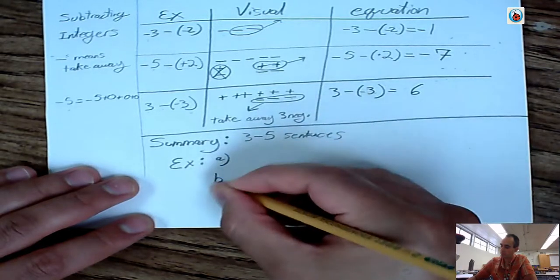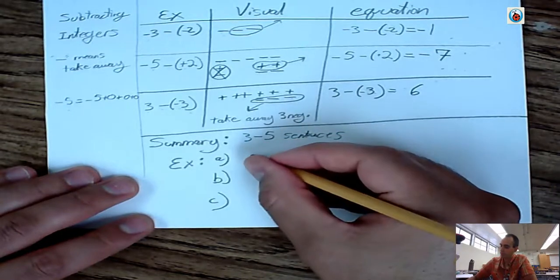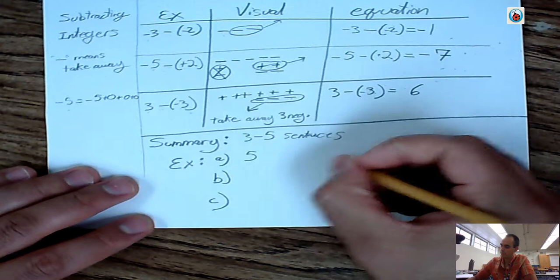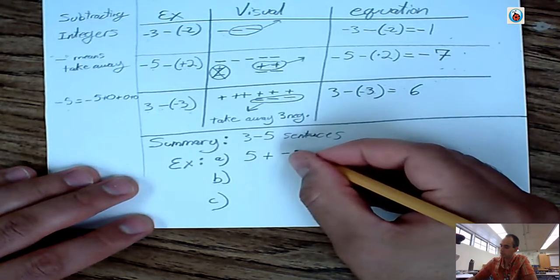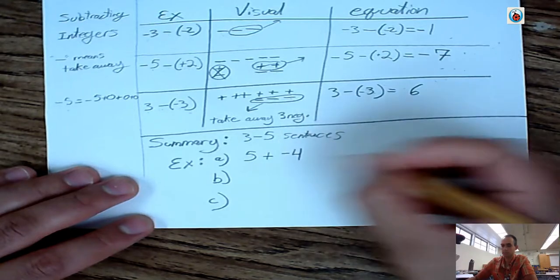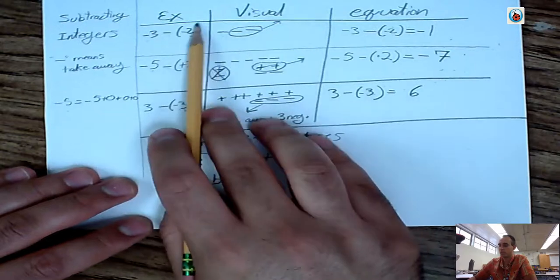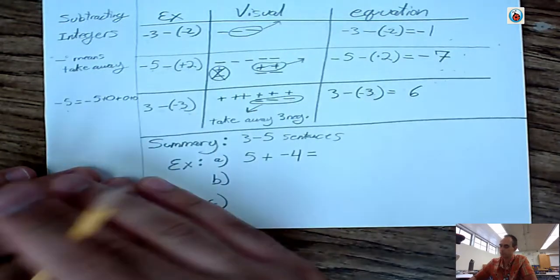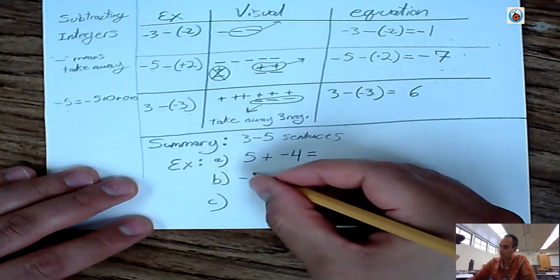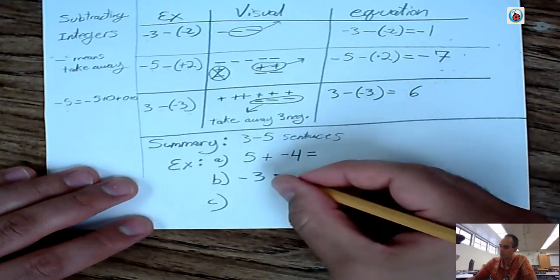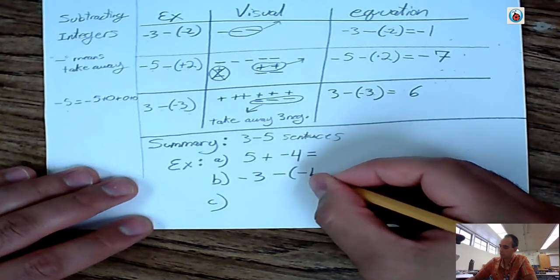Example A, B, C. Example A, we're going to do 5 plus negative 4. Show me what that equals. I want to see the same thing that we did up here with the example, the visual, and the equation. Example B, we're going to do negative 3 minus negative 1.